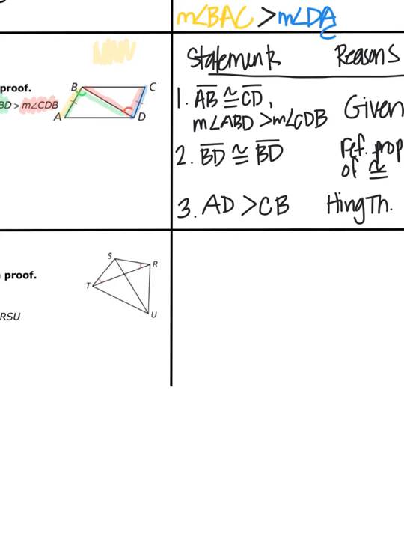So we've already established with the given that we had one congruent side out of 3. We had the included angle as larger, ABD was larger than CDB.